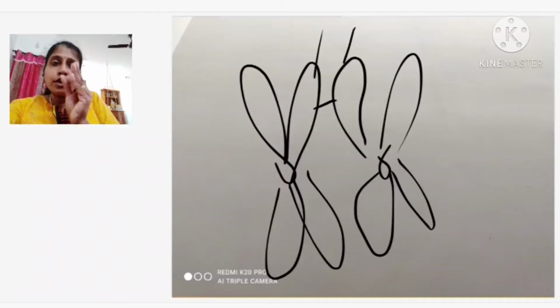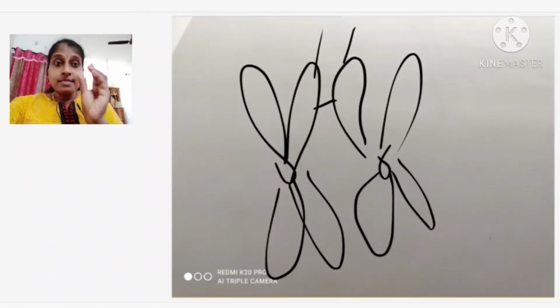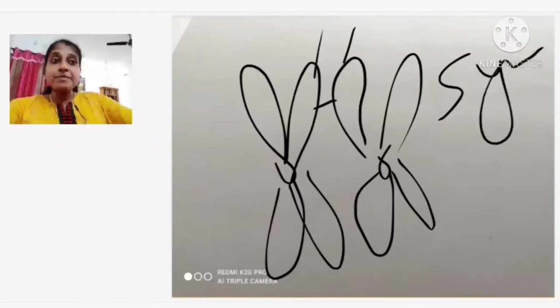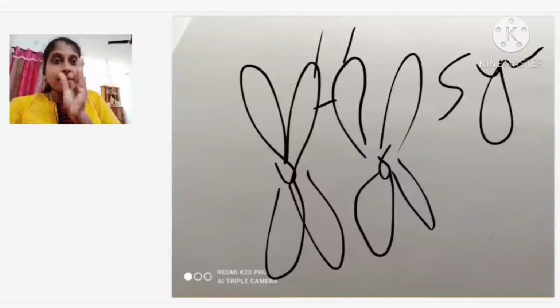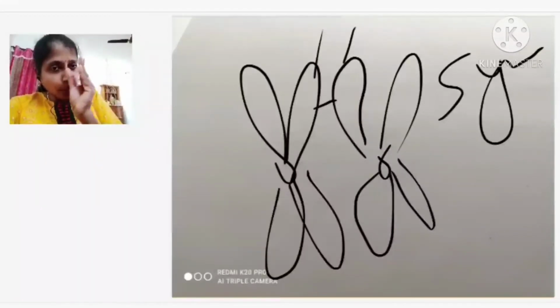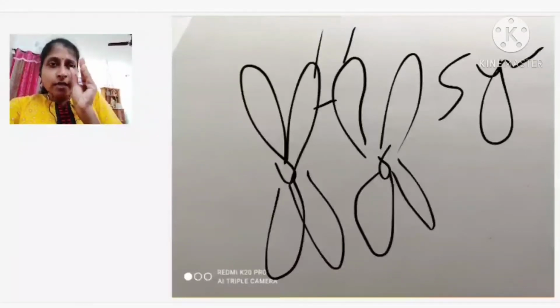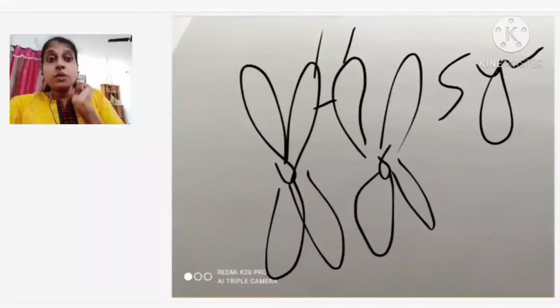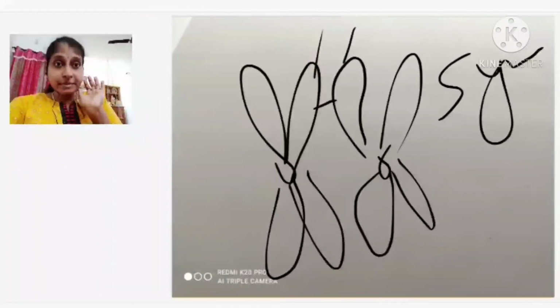They come very close to one another. They lie side by side, and this is called as synapsis. What do we call them? Synapsis. Pairing is taking place. These two non-sister chromatids are lying very close to one another. This process is called as synapsis.